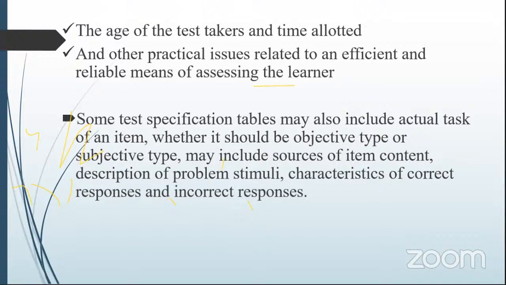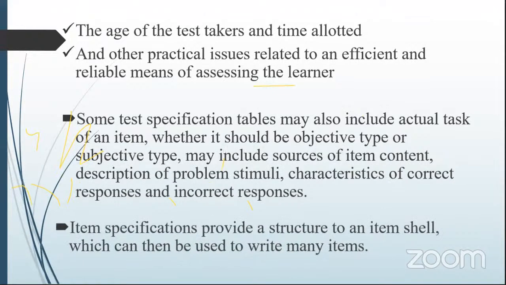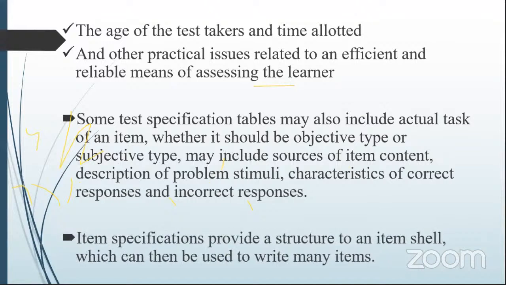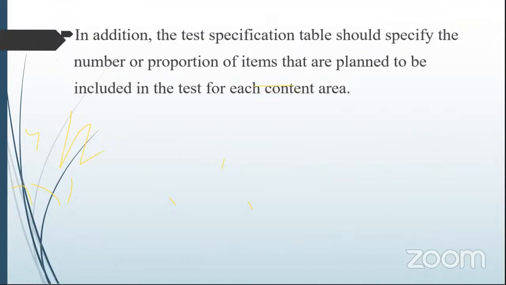It may also include sources of item content, description of problem stimuli, characteristics of responses, and correct responses and incorrect responses. Item specifications provide a structure to an item, which can then be used to write many items.